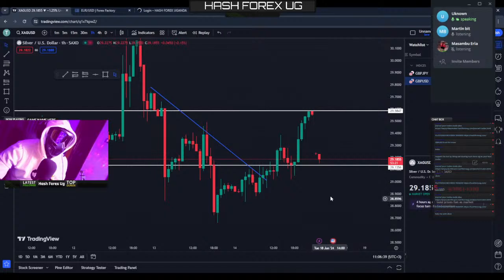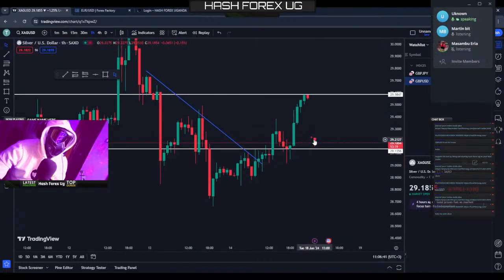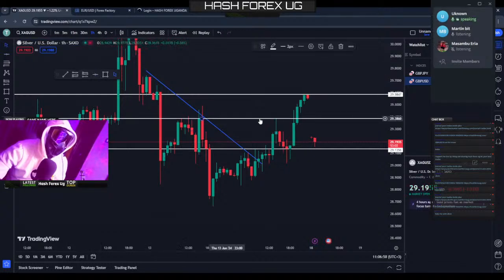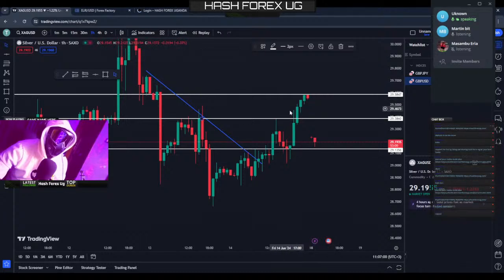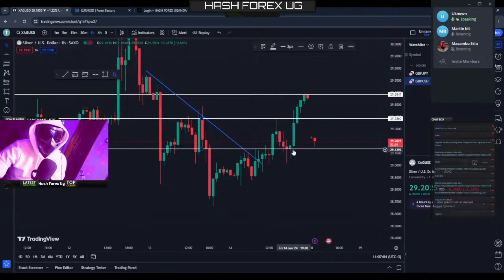For the market to push up, and for it to continue to push up, we need to respect this low. If it breaks this low, this can be a false breakout of this zone.